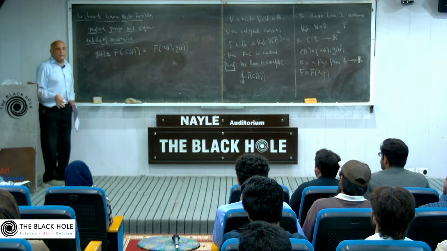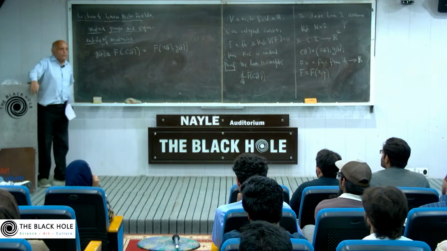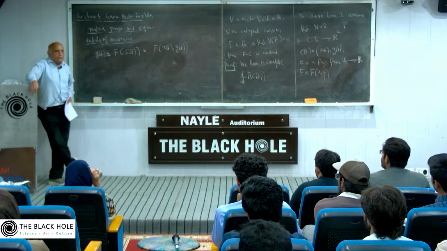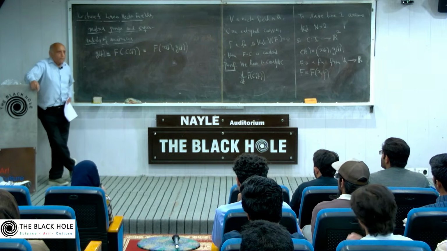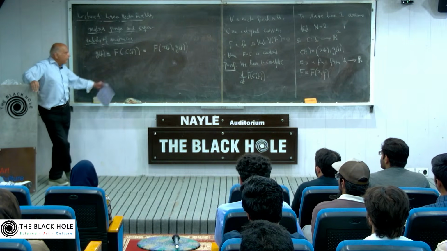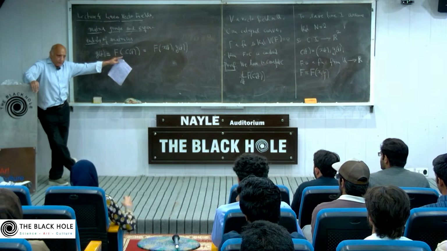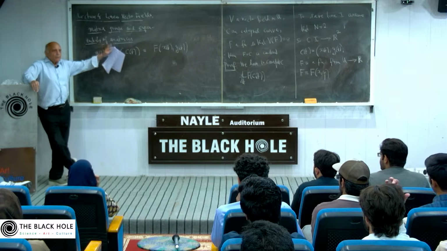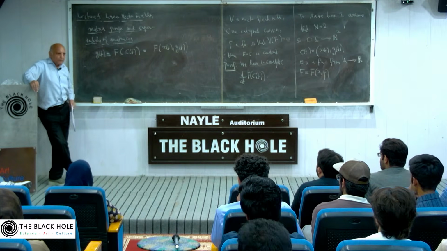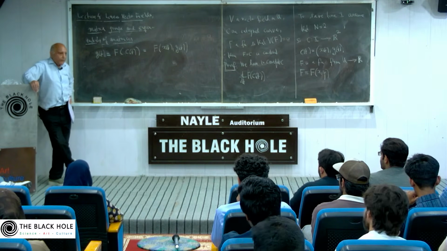So what is the chain rule now? What is g prime t? Partial f by partial x evaluated at the point x(t), y(t) multiplied by x prime t plus partial f by partial y at x(t), y(t) by y prime t.